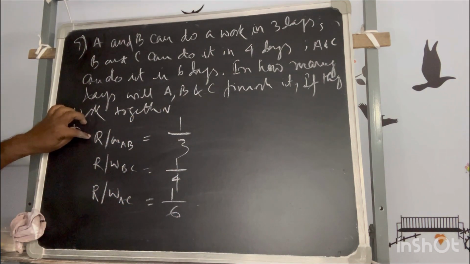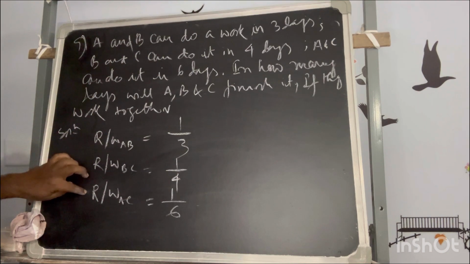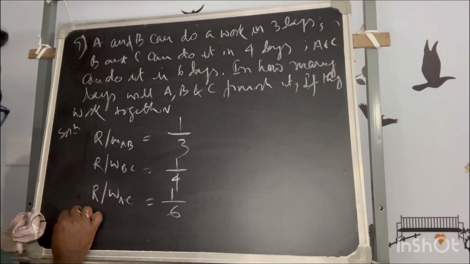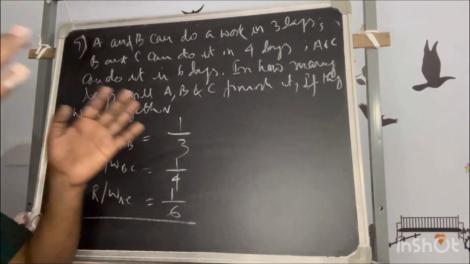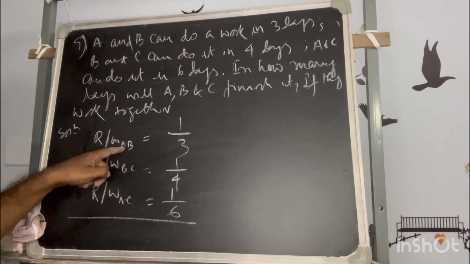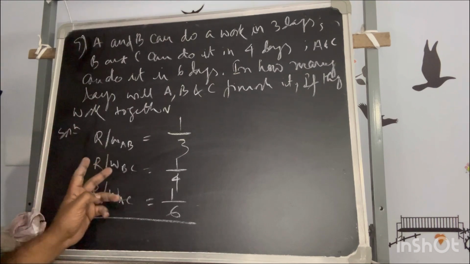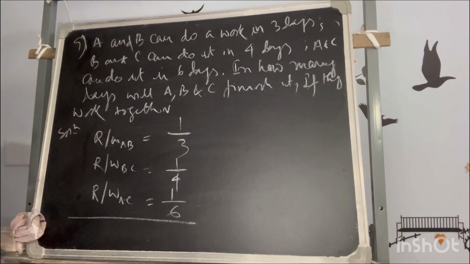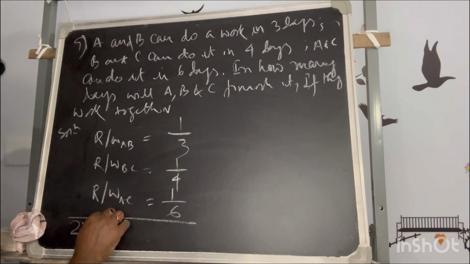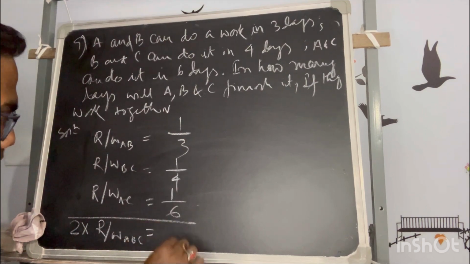Here A plus B is working, here B plus C is working, here C plus A is working. Now if I combine all this together, mathematically you see how many A you can see? 1, 2. How many B can you see? 2. How many C can you see? 2. So everything is coming twice. So it can be said to be 2 into the rate of work of A, B, C while they are working together.